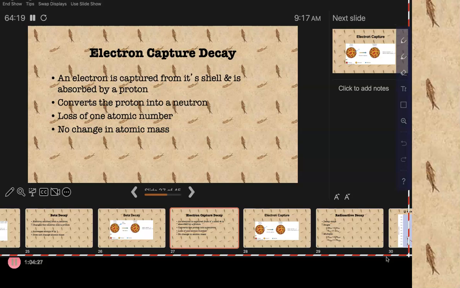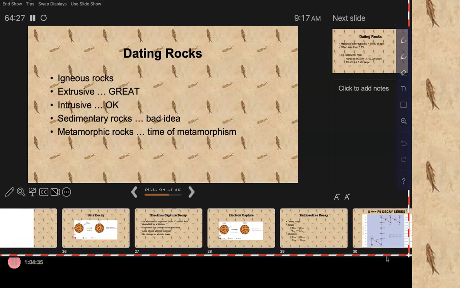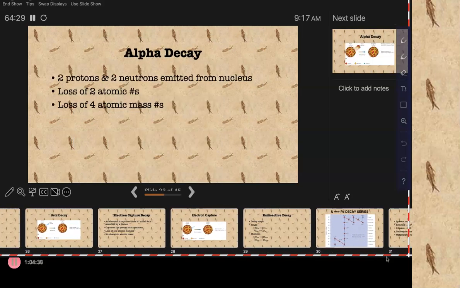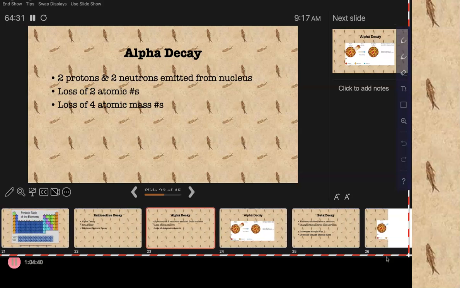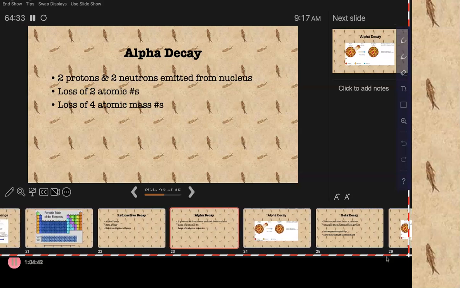So again, you got alpha decay. You're losing 2, what do we lose? 2 protons to go down. You lose 2 protons and 2 neutrons. That's what I was just saying. I didn't want to say it without checking though. 2 protons and 2 neutrons, that's the only way you could lose 4 AMUs. So you lose 2 notches, jump twice in the periodic table, and you lose 4 mass units.